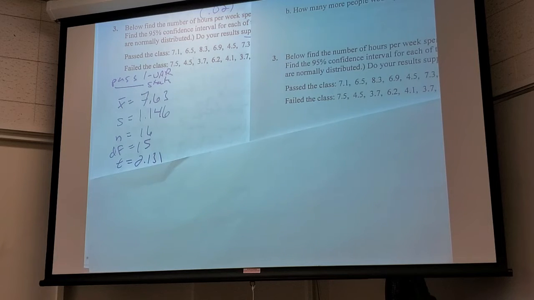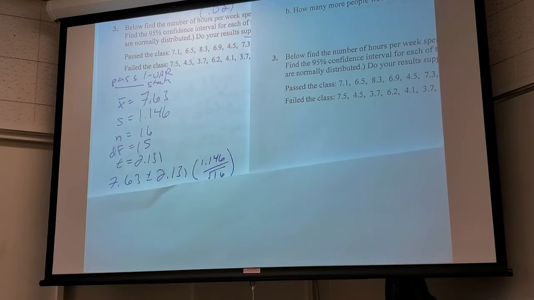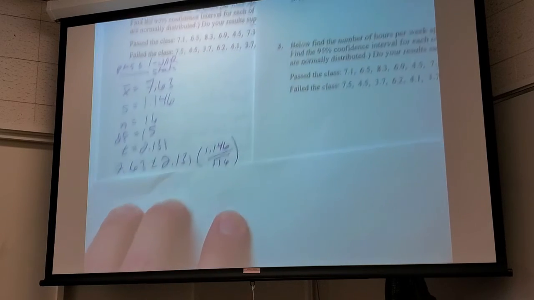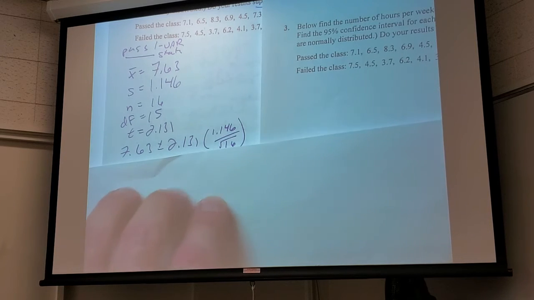I can make that interval with 5 data points. I can make it with 4. Another real easy mistake to make is I'll see people put 15 instead of 16. Well, the formula needs n, right?